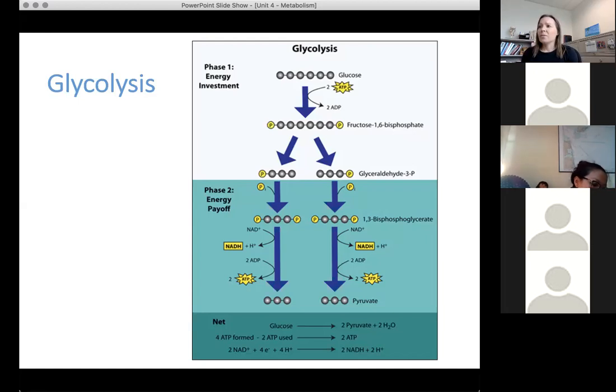And then the function of glycolysis, so what's actually happening during glycolysis, is that this step produces 2 ATP through substrate level phosphorylation.